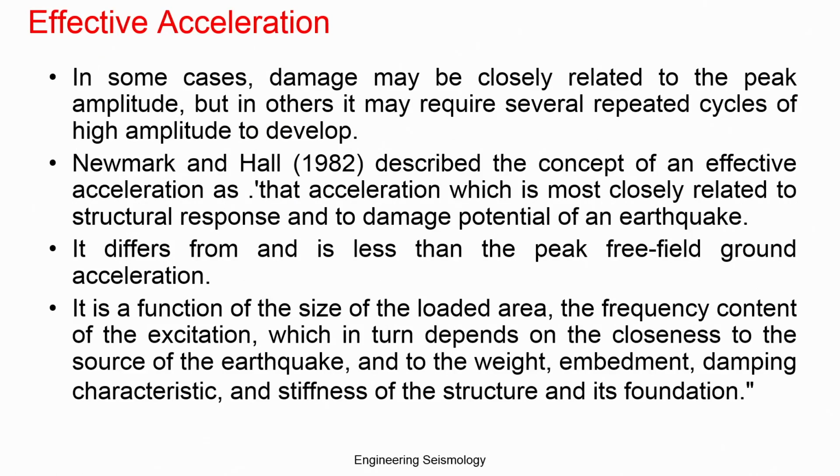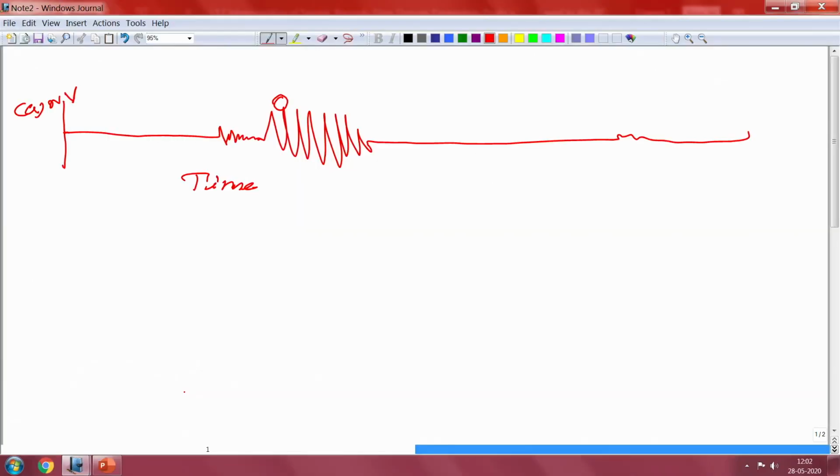In some cases the damage may be closely related to the peak amplitude, but in others it may require several repeated cycles of high amplitude to develop. What it means is that we have a record where this is the peak, the highest among all.